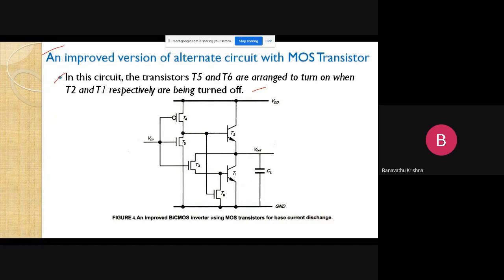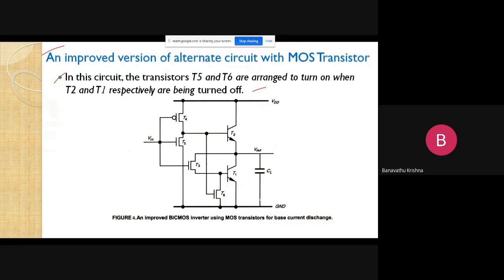So in order to reduce that disadvantage, we go with another case. Basically, we provide the resistors to discharge and decrease the base current. Based on that concept, one drawback is that resistors occupy very large space in the silicon substrate. Instead of that, we use transistors T5 and T6 instead of resistors here.